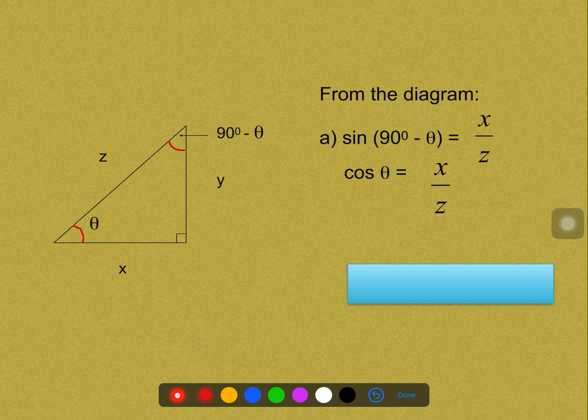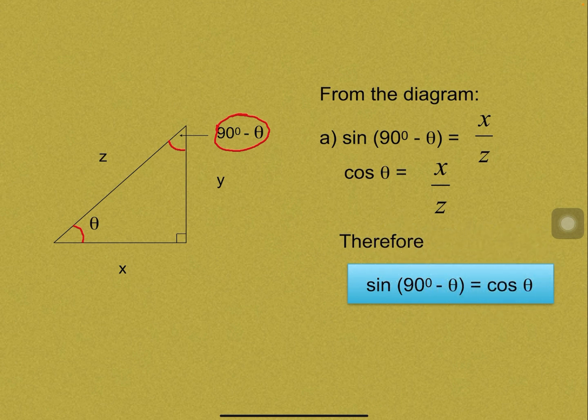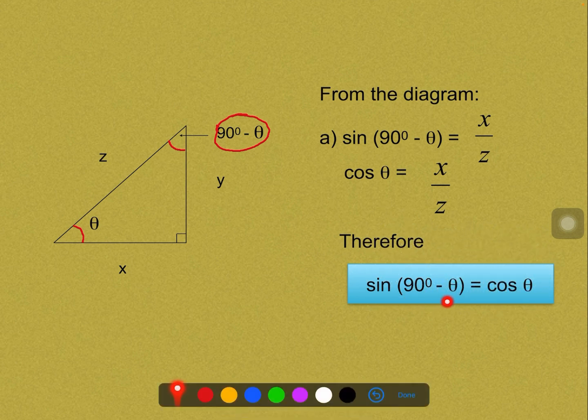Sin 90 minus theta is x over z. Cos theta, referring to this angle, is x over z. Both have the same value, x over z. Therefore, sin 90 minus theta is cos theta.